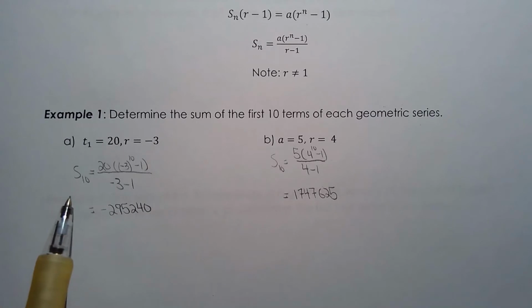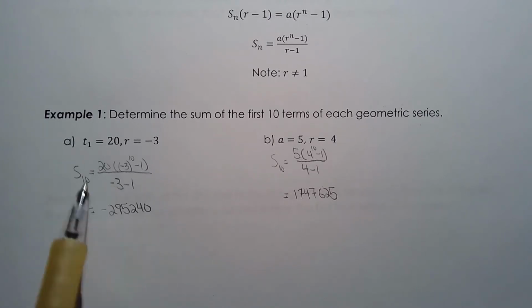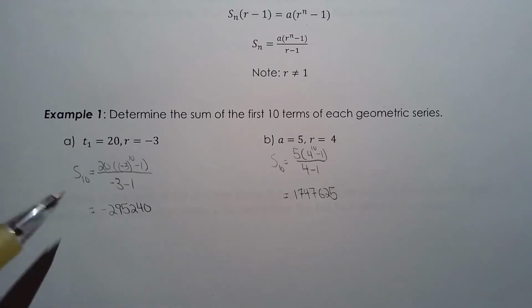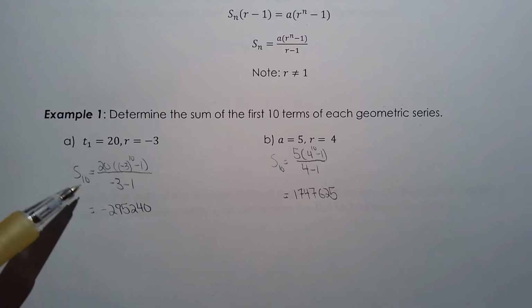Since you're trying to find the sum of the first 10 terms, the result should be negative, because the 10th term is very, very large compared to the value of your other terms. Because that is the case, it's going to dictate the sign of your sum. So the 10th term is negative, so the sum is negative. If you want, you can find the sum of the first 11 terms, and you'll see that it's positive, because now the 11th term is controlling the sign of the sum.